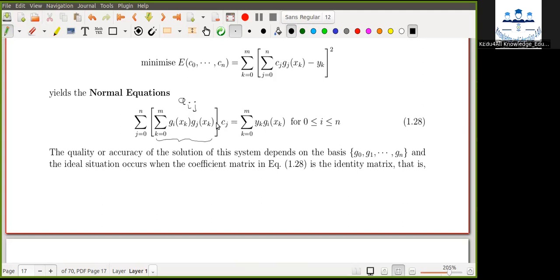If you look at this expression, we can see it as the entries of a vector. Let us write that properly.